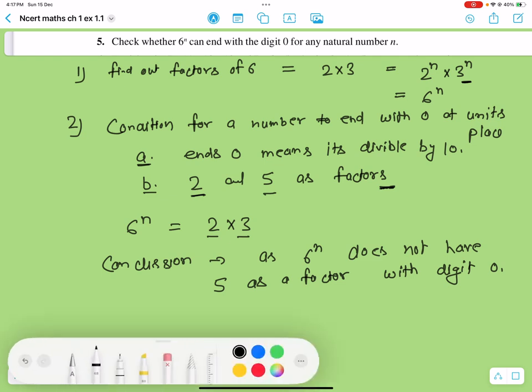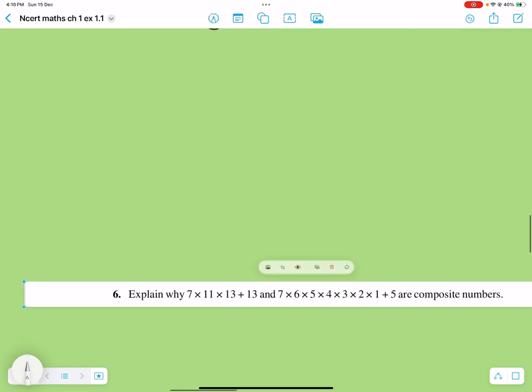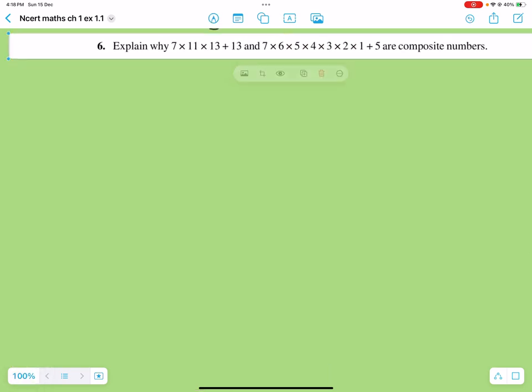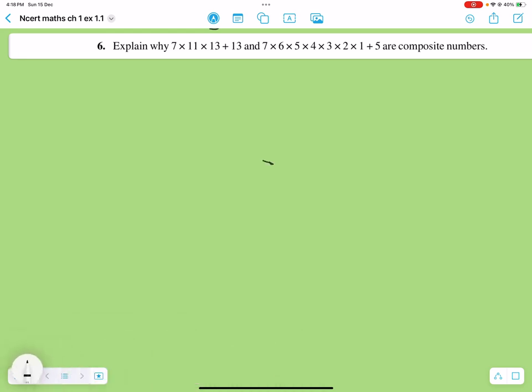Now, without wasting any time, let's go on to the next question. So what is our next question? The next question is very easy. It says, explain why 7 multiplied by 11 multiplied by 13 plus 13 is a composite number.